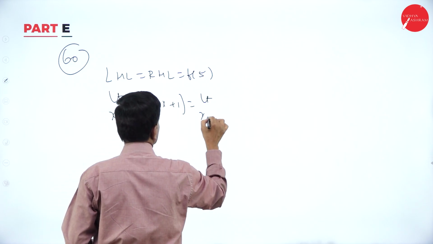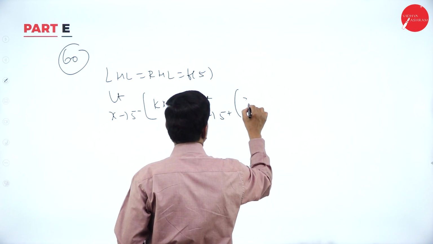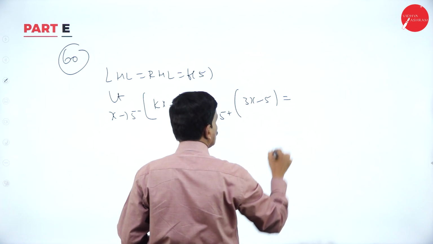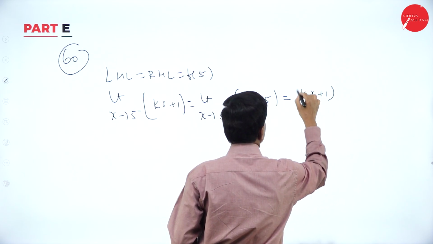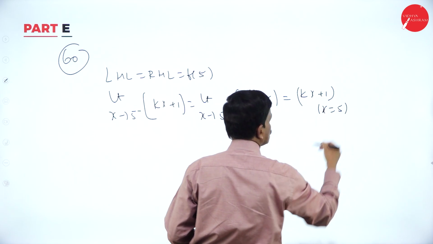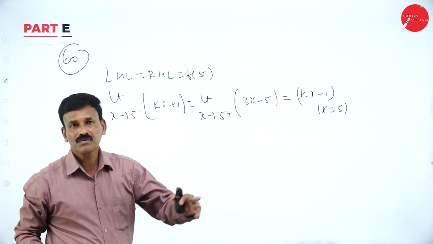Right hand limit is the limit as x tends to 5 plus of f of x, that is 3x minus 5. Functional value at x is equal to 5 is kx plus 1.